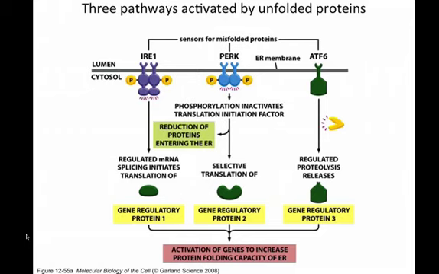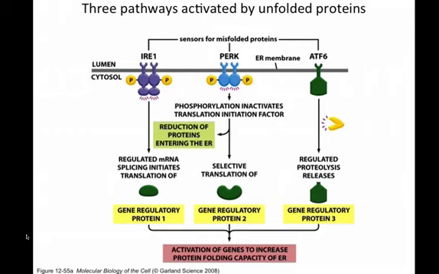And then there's another pathway that I didn't talk about, which, remember, these are kinases that get activated. What do kinases do? They phosphorylate things. Phosphorylation usually allows proteins to interact, or prevents proteins from interacting. So these kinases get activated, and then they inactivate translation, right? Would you want to inactivate translation?